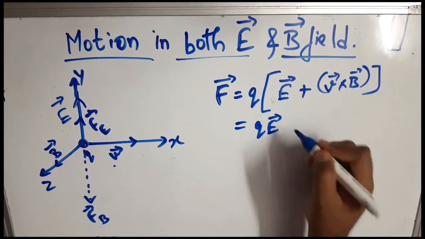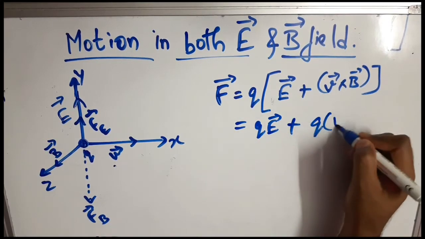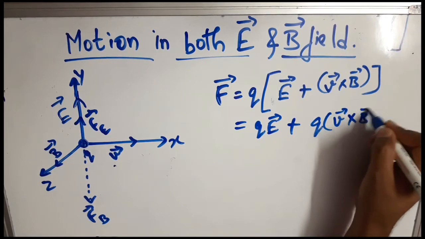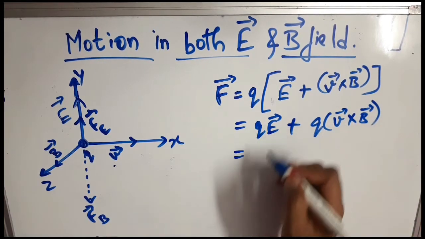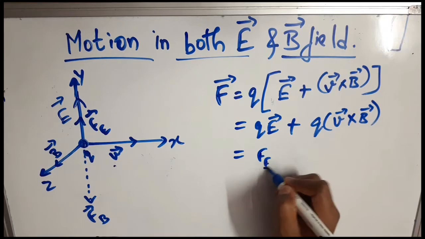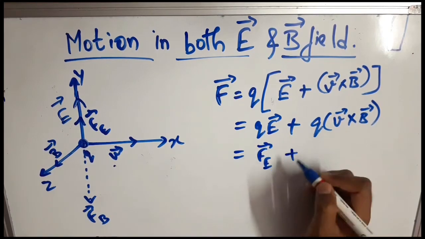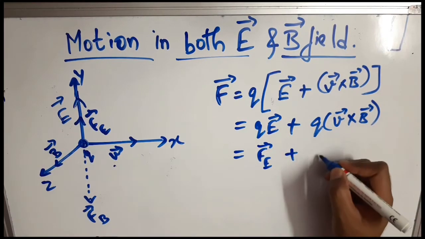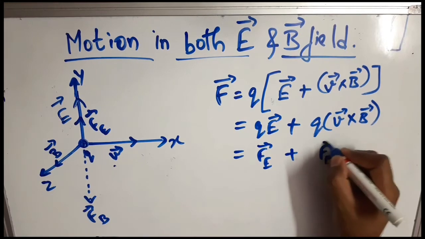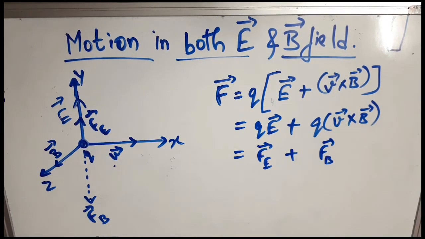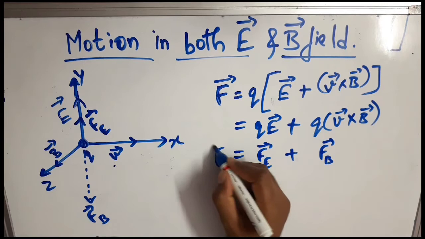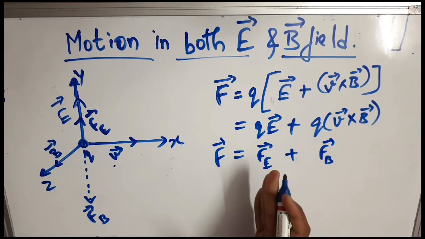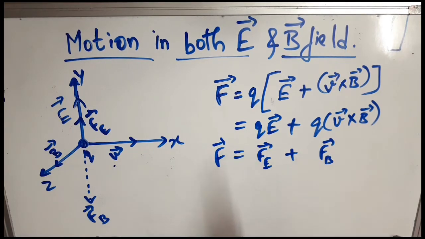We get QE plus Q times v cross B, right? This is nothing but the electric force, and this is nothing but the magnetic force or magnetic Lorentz force. So our total force is comprised of the force due to the electric field plus the force due to the magnetic field.